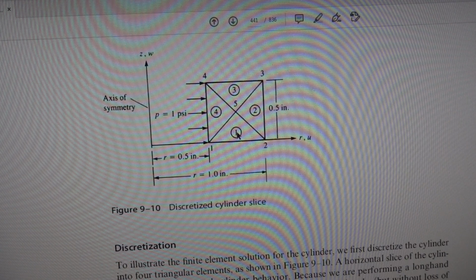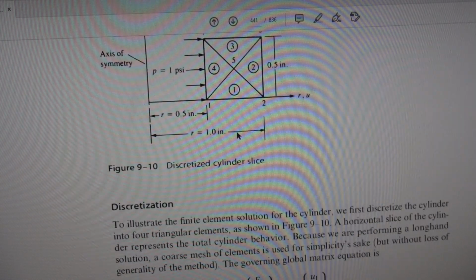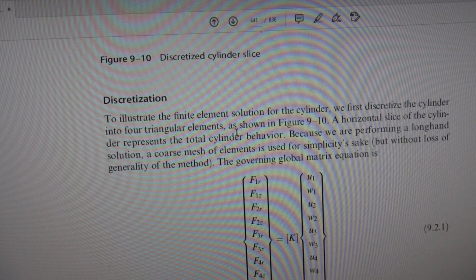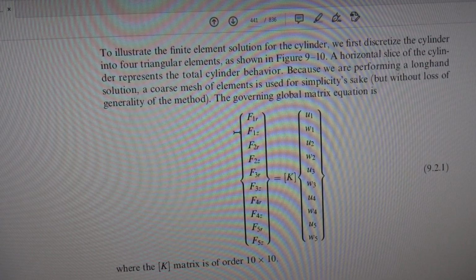So the total degrees of freedom becomes 10. The total force vector is F1R, F1Z, F2R, F2Z, F3R, F3Z, F4R, F4Z, F5R and F5Z, and this equals K, the global stiffness matrix, multiplied by the degrees of freedom.